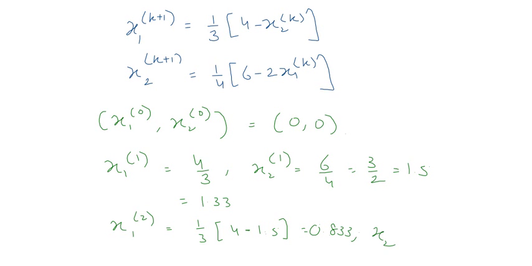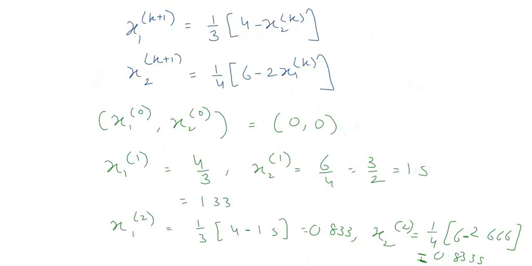And x2 2 equals 1 by 4 times (6 minus 2 into 1.33), which is 0.8335. So if you use x1 1 and x2 1, then you get x1 2 and x2 2.